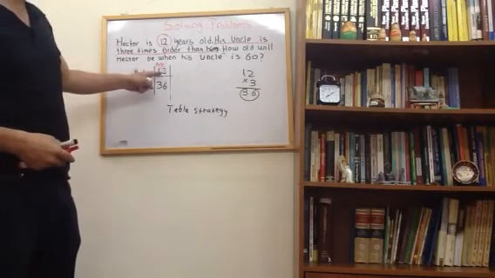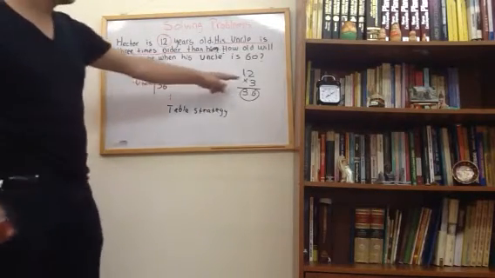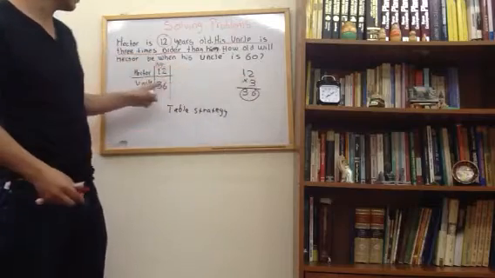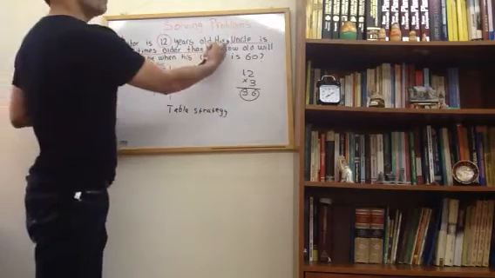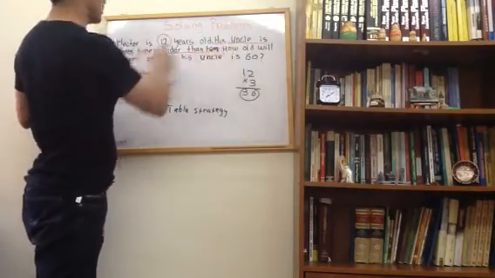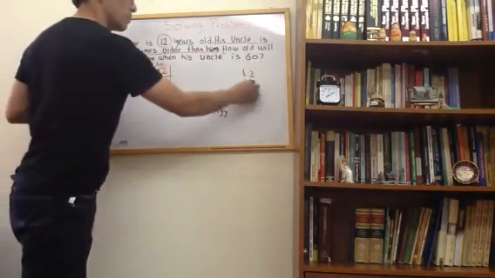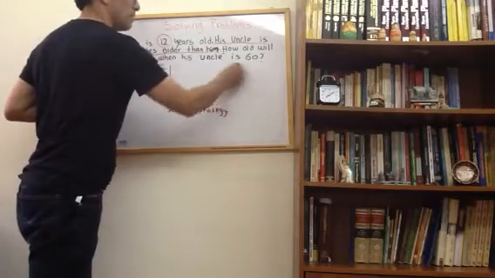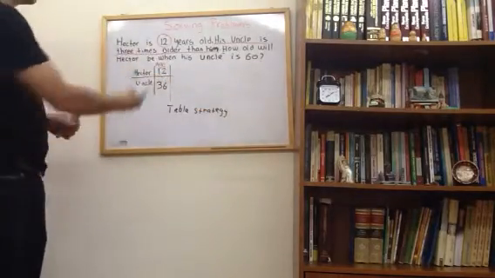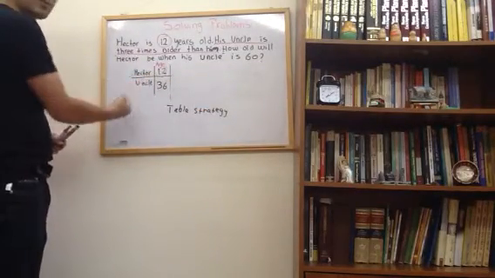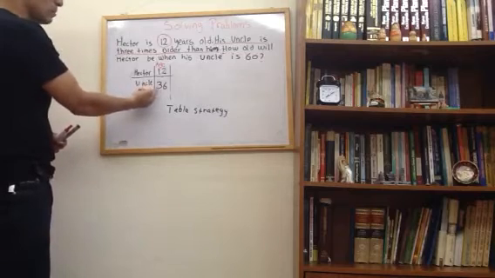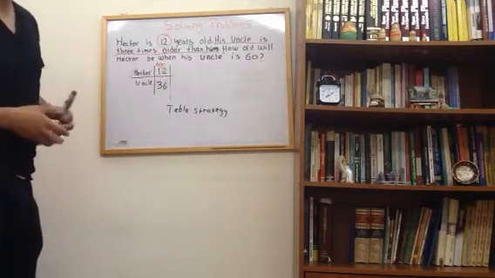Alright? Hector is 12 years old and I have to multiply by 3 to find the uncle's age, because the information says that the uncle is 3 times older than Hector. Alright? So we already have 2 pieces of information: Hector's age, 12 years old, and the uncle, who's 36 years old.